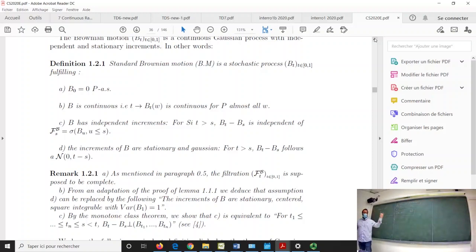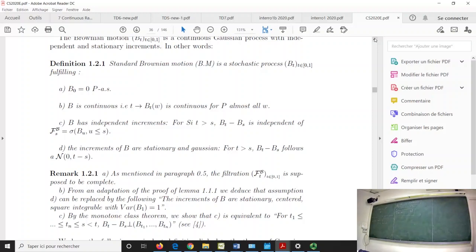So here, I know from my definition that all these components are Gaussian: Bt1 is Gaussian from the last point, Bt2 is Gaussian from the last point, Btn is Gaussian from the last point, but I need to work a little in order to prove that I have a Gaussian vector. The idea is to come back to what I said previously: if I have independence, it's easy. If my components are independent, I have a Gaussian vector.